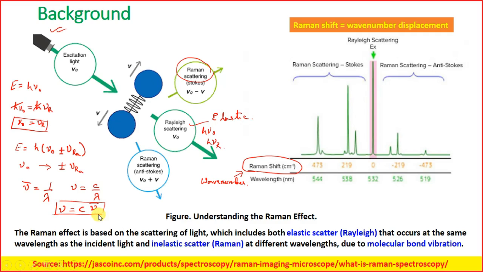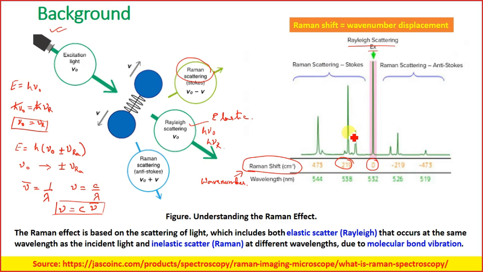This we have discussed. If we take the Rayleigh scattering, it comes at 0 Raman shift, that means it takes the central position, and we have the Raman scattering on either side of this Rayleigh scattering, at equal positions.